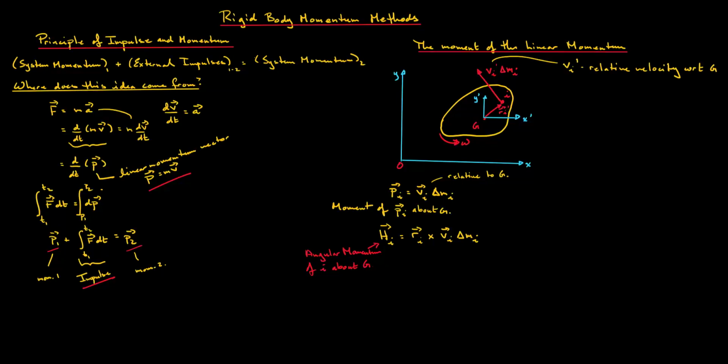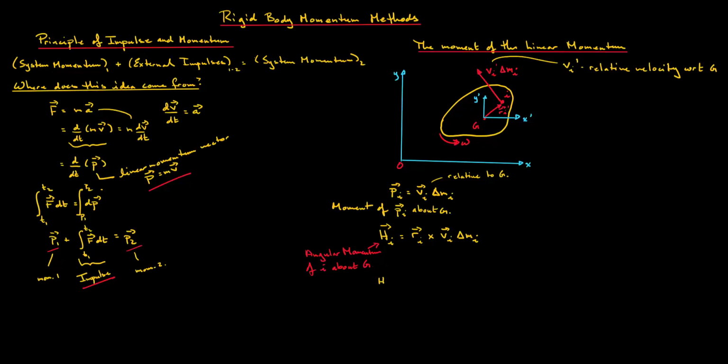So it's not very useful to have the angular momentum of an individual particle. What we care about is the rigid body as a whole. So we can take the summation of all the individual angular momenta to give us the angular momentum about the center of mass G for the entire rigid body.